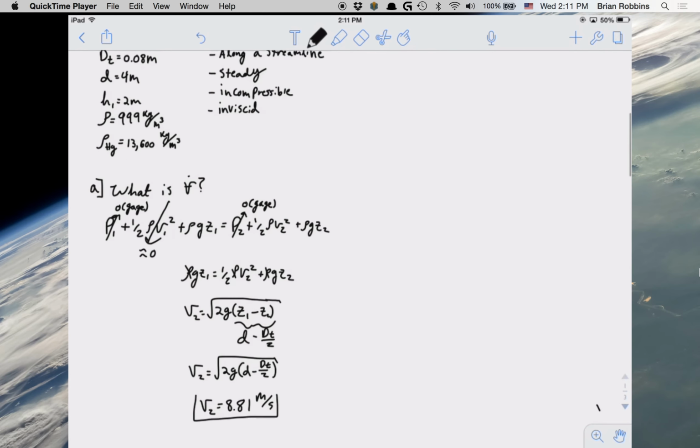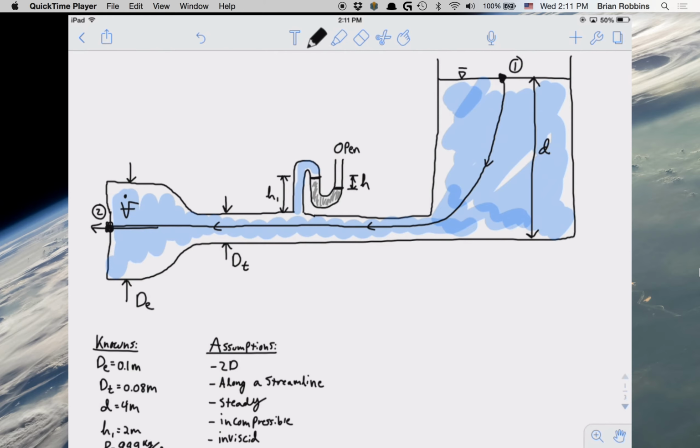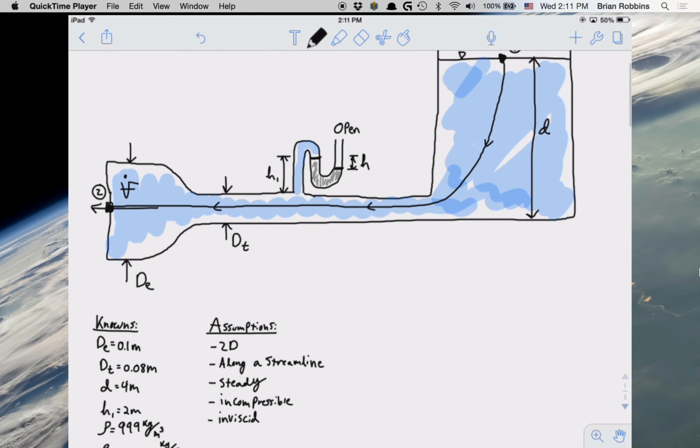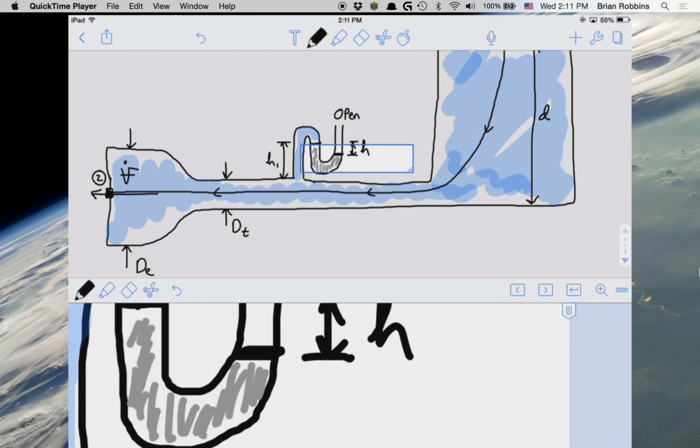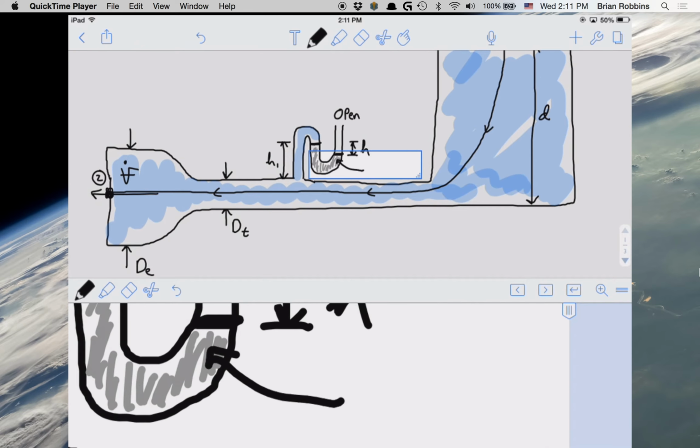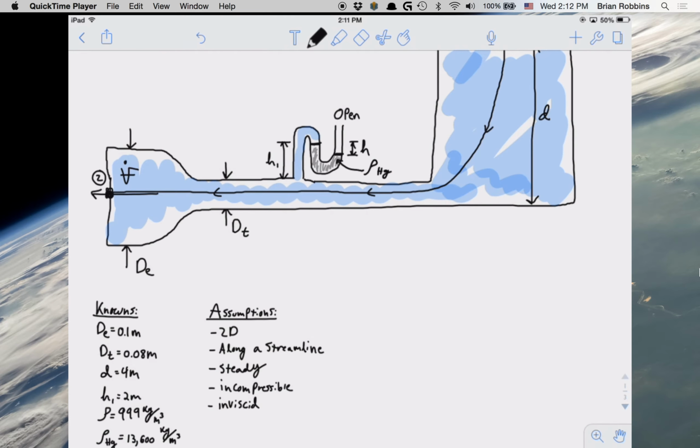So if we go back to our figure, we can remember that H is going to be the difference in our gauge fluid and our manometer, which is taken to be mercury, as given in our knowns. So, actually, let me go ahead and make a note for that. So this is mercury. So what we want to find out is, what is H?